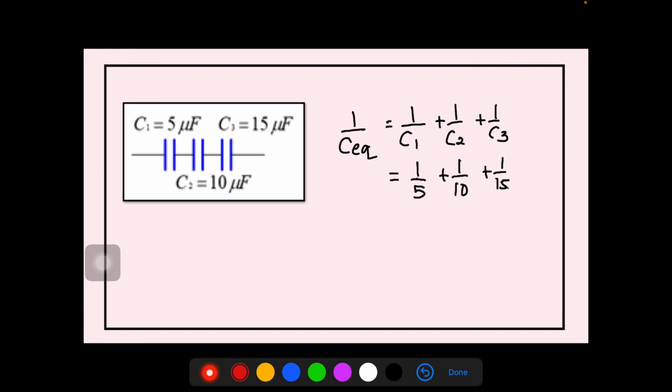Don't forget to write the micro here. We need to use the calculator. So 5 inverse plus 10 inverse plus 15 inverse, and then inverse back the answer, we get 2.727. So we can round off to 2.73. The C equivalent is equal to 2.73 microfarad.